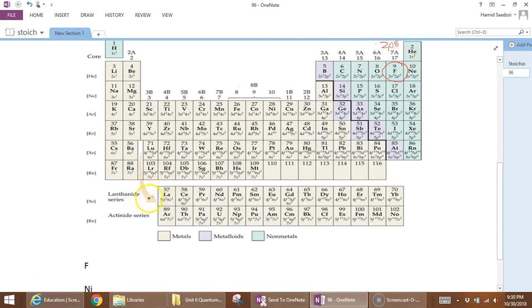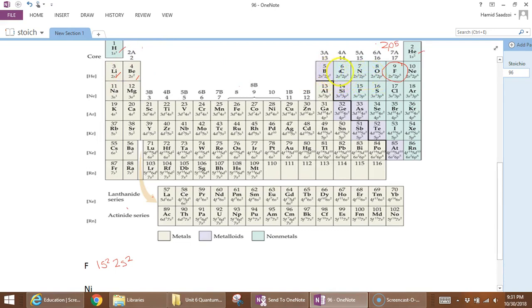So for fluorine, we're going to start at 1s2, 2s2. All I'm doing is following the periodic table. I'm going from 1s1, then 1s2, then 2s1, 2s2, and now I'm into the 2p's.